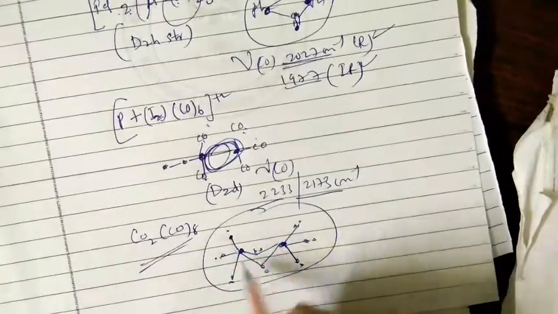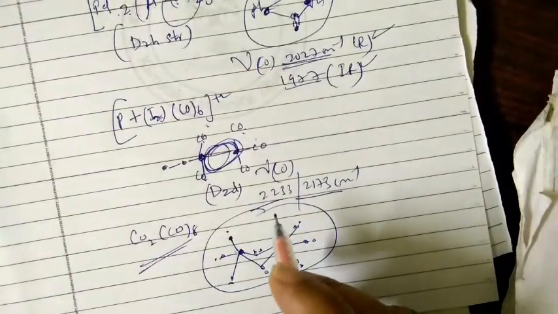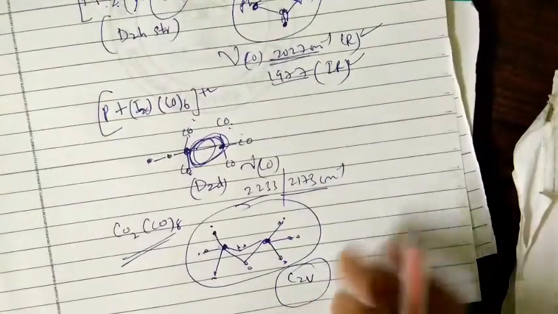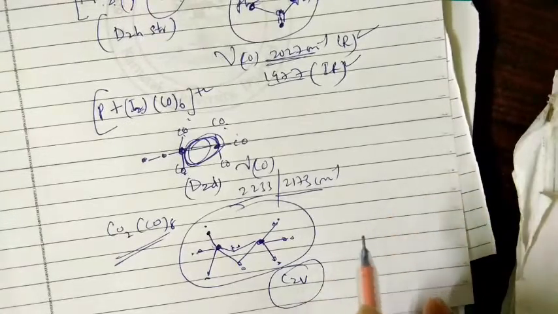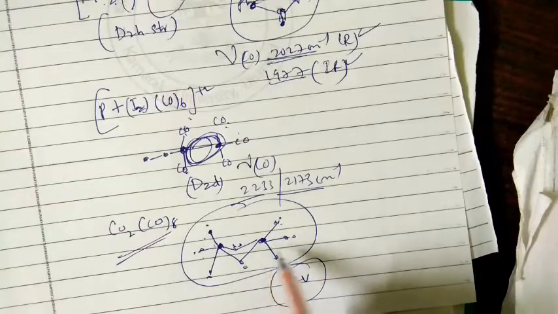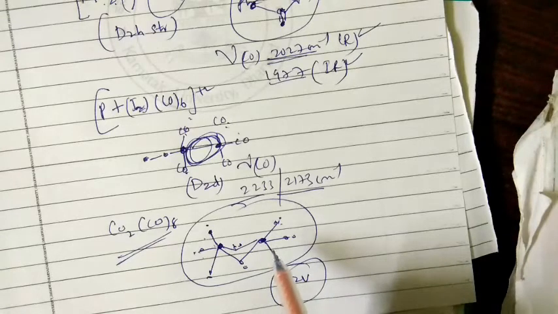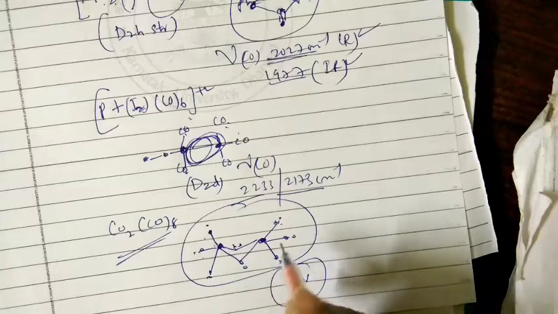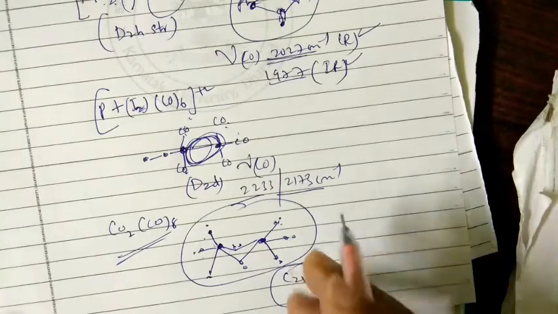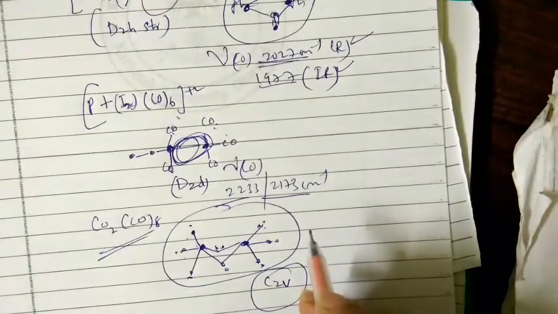This complex comes under the C2V point group, and the structure has 6 terminal and 2 bridging carbonyls, expected to be IR active.